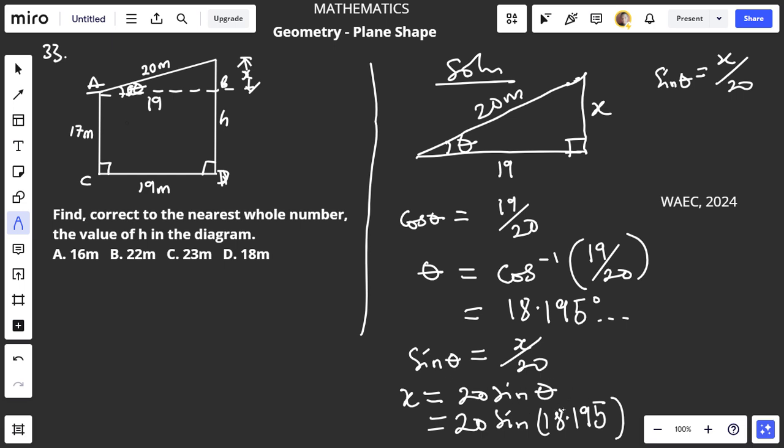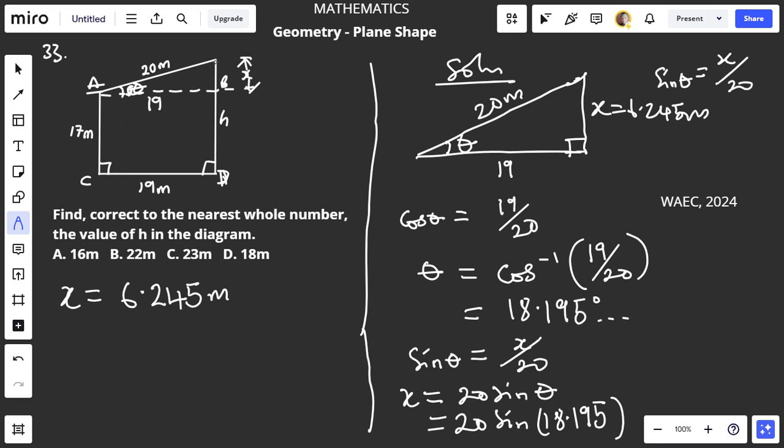If you do that in your calculator, it will give you that X equals 6.245 meters. So X from here to here equals 6.245 meters.